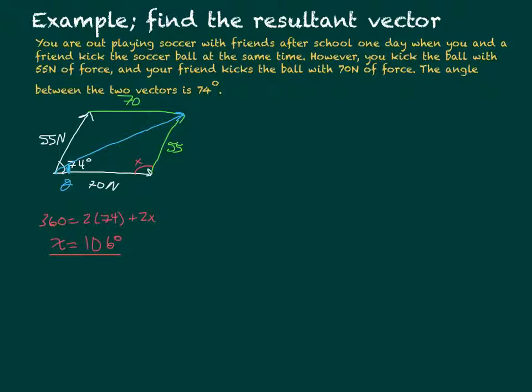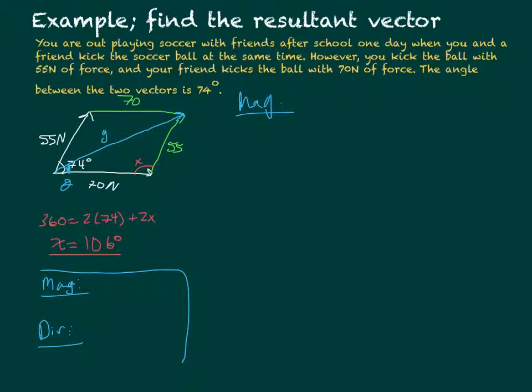Now what we need to find is the magnitude and the direction of that resultant vector. So that's going to be our final answer. The first thing we're going to do is the magnitude. The magnitude corresponds to the length, so we use our law of cosines.